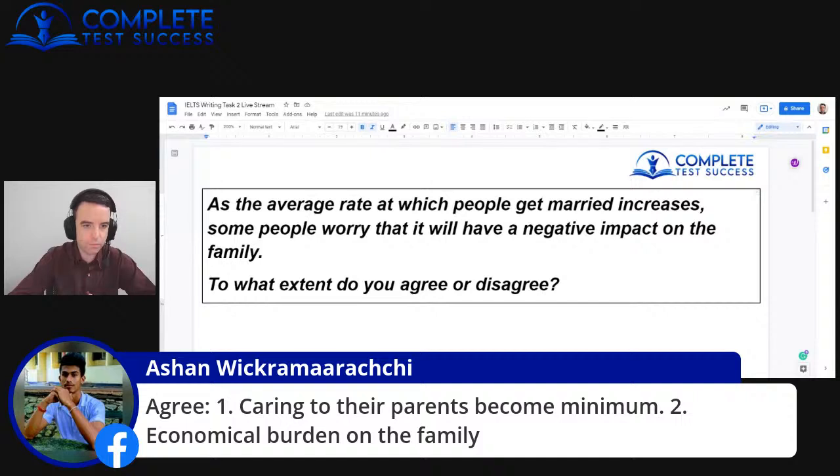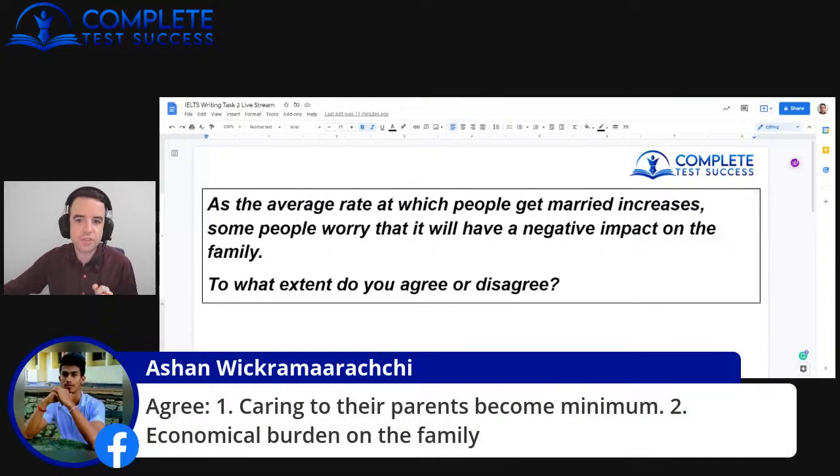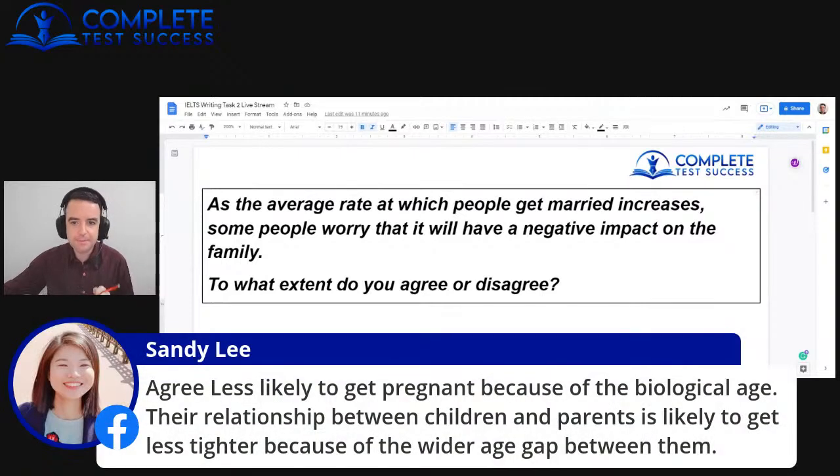So by living at home with their parents for longer, they're putting more of a burden on their parents. So the people getting married put a burden on their parents, not the children put a burden on the people getting married. I'm still a bit confused, to be honest. I can guess, but I'm not 100% sure if my guess is accurate. Ashan, so just to go back to this, it's not clear, and mainly because of the vocabulary.